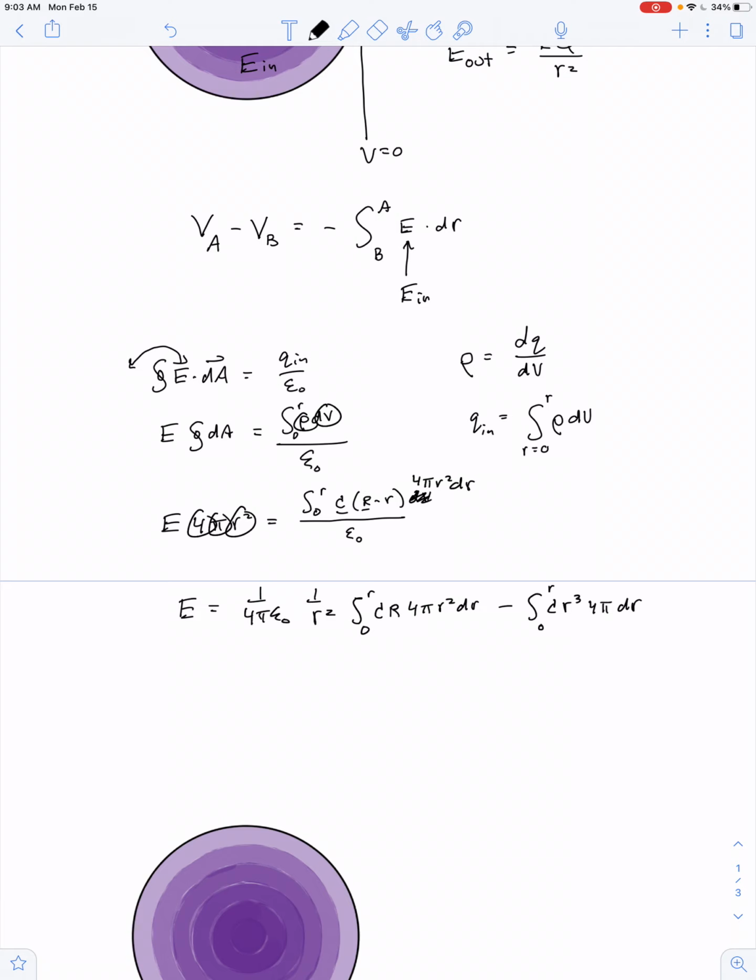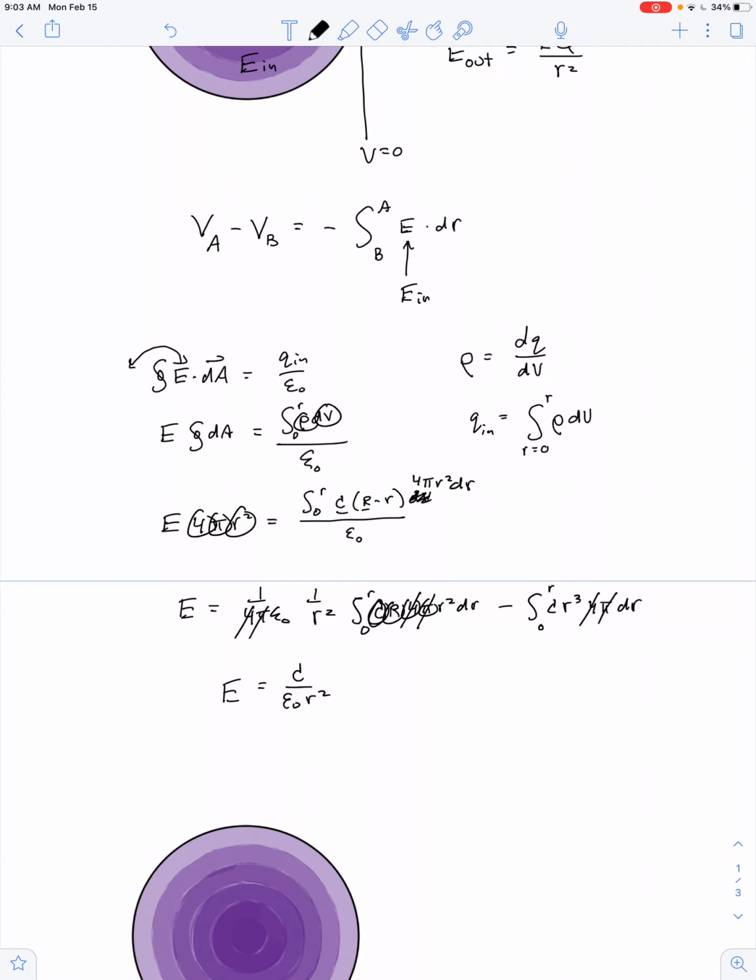The c, the r, the 4, the pi all come out of the integral. That's nice. That means that the 4 pi here cancels with the 4 pi here and here. So we have E is equal to c over epsilon naught r squared.